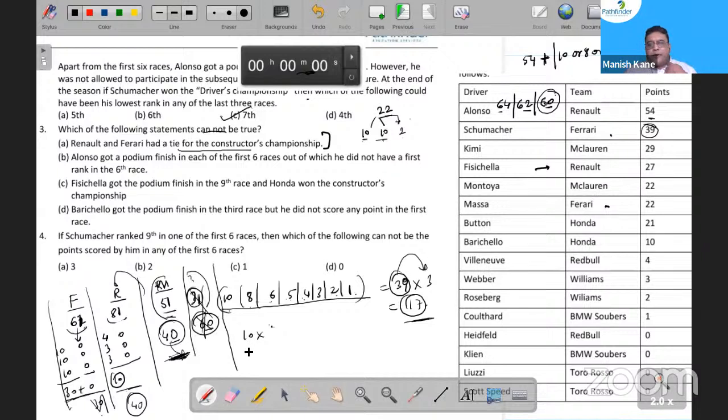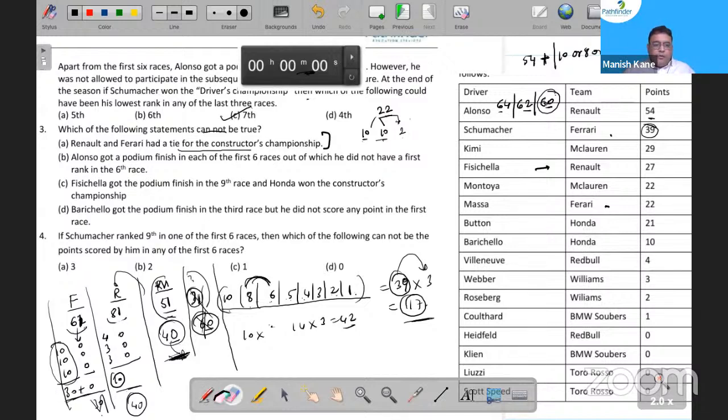So for 40 points in the last 3 games, it cannot have a rank of 10. What is the maximum rank that it can have? 8 and 6, 14. 14 into 3, 42. So technically speaking, McLaren can have 42 points.